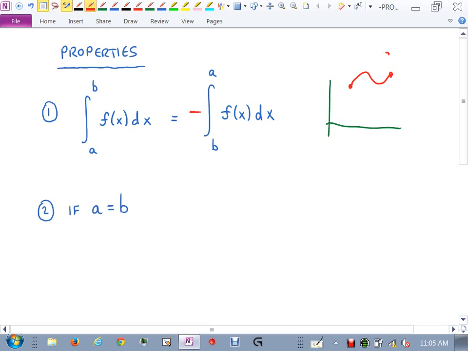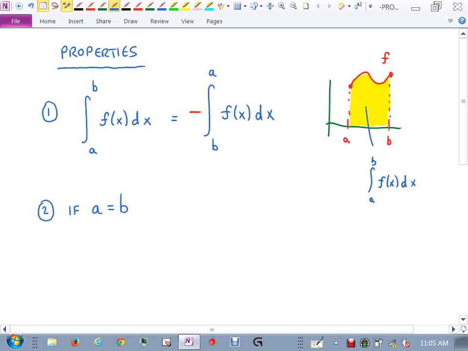You have some function f between A and B. Then we were looking at the area under this curve, right? That right there is the integral from A to B of f of x dx. That yellow area is that definite integral.